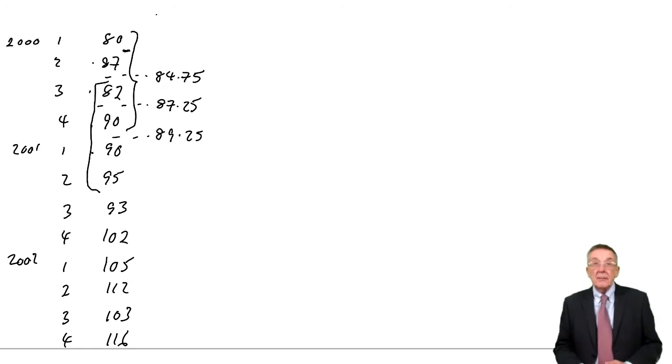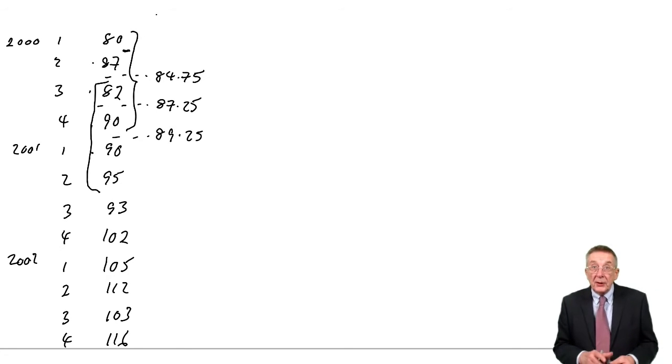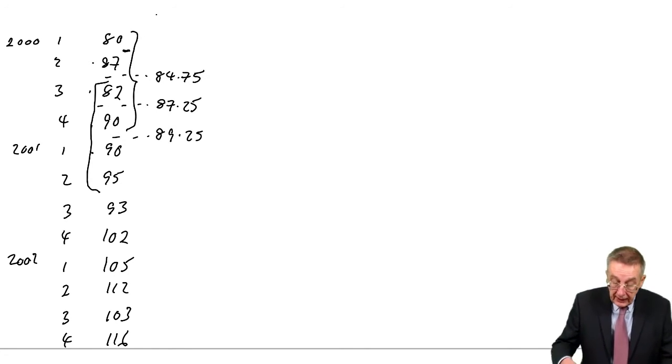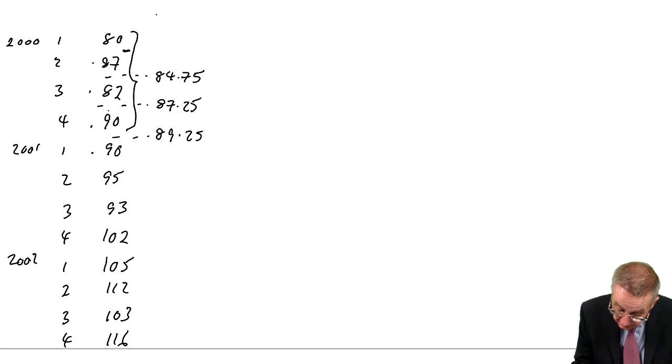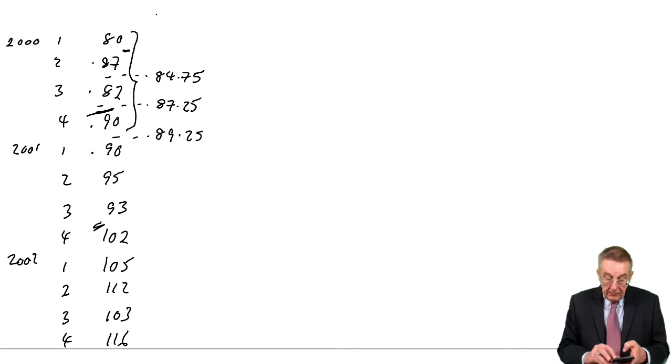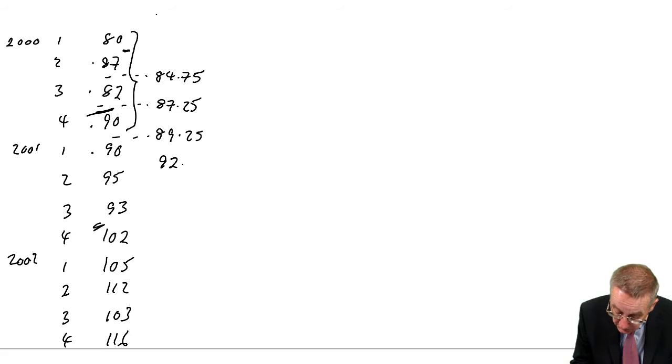Again, right in the middle of those. Well, I don't need to keep on talking, but we keep taking 12-month, 4-quarter averages. So the next one is which? It's from here to here. 90 plus 90 plus 95 plus 93, divided by 4 is 92.